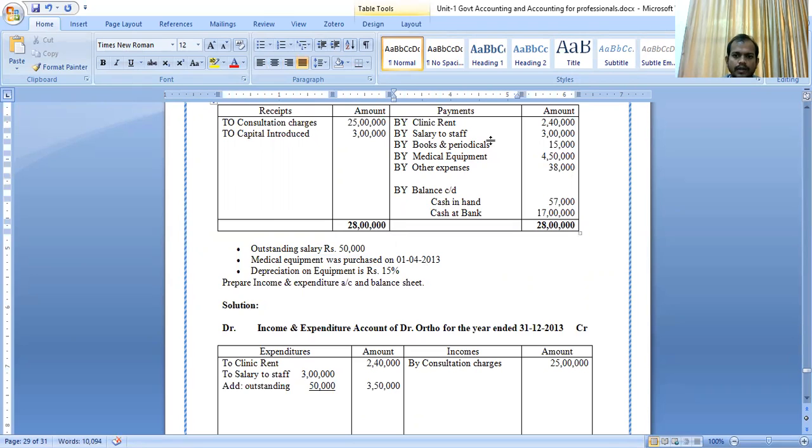So books and periodicals 15,000, and medical equipment, other expenses. Other expenses are 38,000.